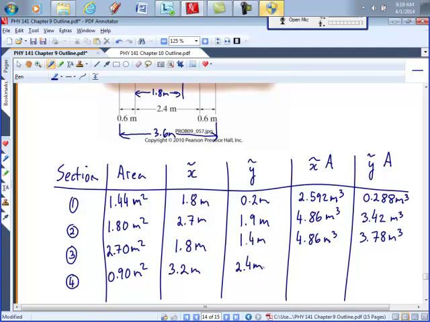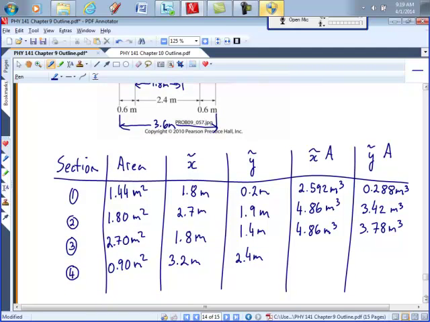Okay, if we multiply those out, 2.88 meters cubed, 2.16 meters cubed.